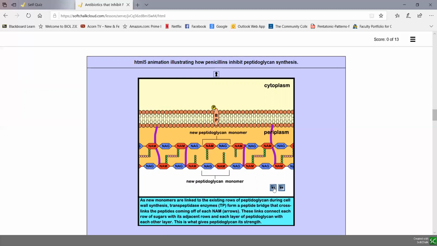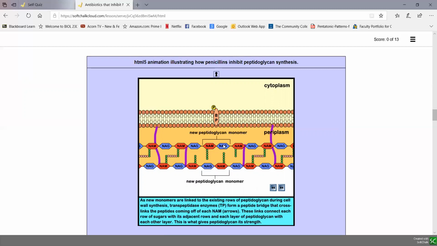So when we look at peptidoglycan synthesis, this is the new peptidoglycan monomer that's been inserted during cell wall synthesis in this row.